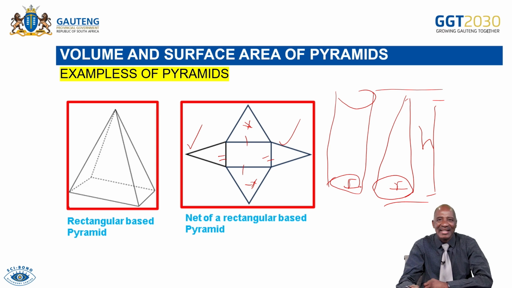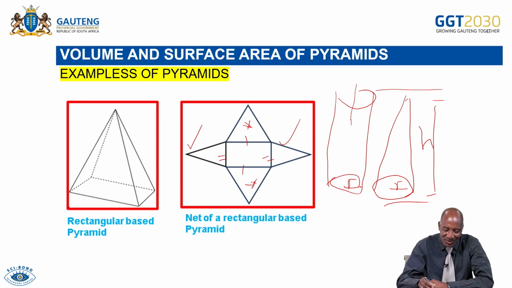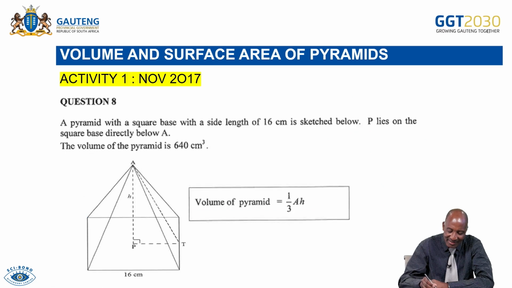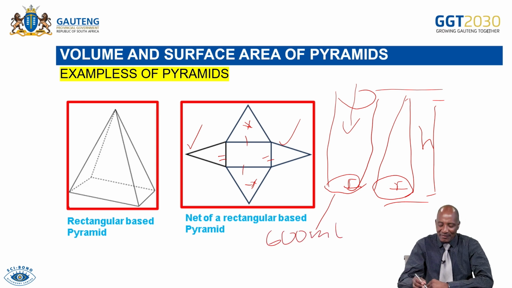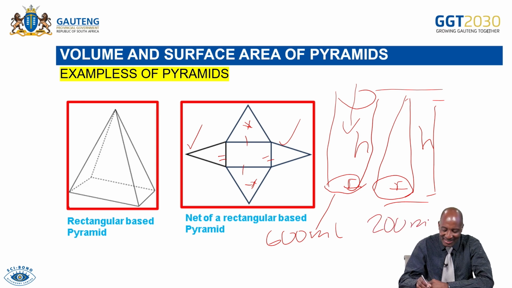What was discovered is that when you pour a liquid into this one, let's say it becomes 600 milliliters. That's the capacity of my cylinder. It's holding 600 milliliters. What they discovered is that if they make a cone which has the same height as this cylinder, and then they pour a liquid, this liquid became 200 milliliters.